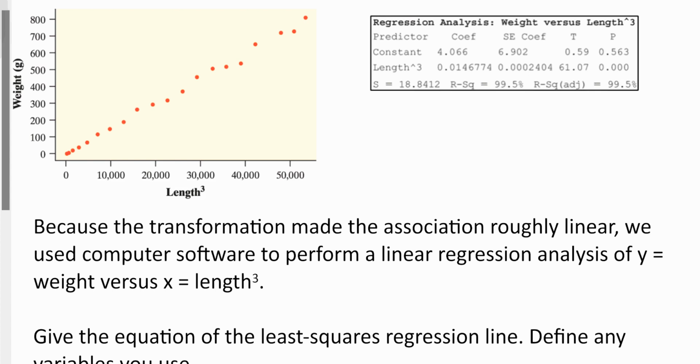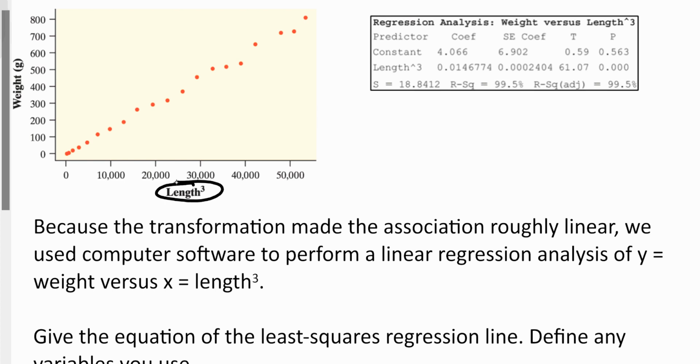If you look on our computer printout over to the right here, and if you look on the graph, we are cubing every weight. So if you think about weight and length, weight is like a three-dimensional thing. You've got length, width, height, whereas length is just one dimension.